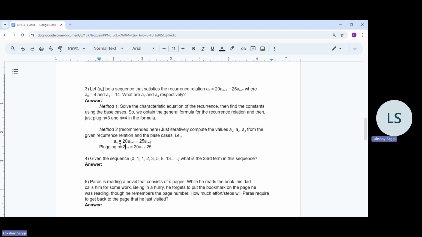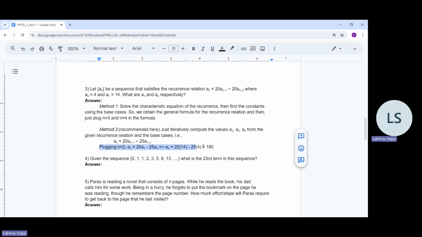Plugging n equals 2, we get A2 equals 20 A1 minus 25 A0. And this implies that A2 is nothing but 20 times A1, where A1 is 14, minus 25 times A0, which is 4. And from this, 20 times 14 will be 280, and 25 times 4 is 100. So 280 minus 100 will be 180.